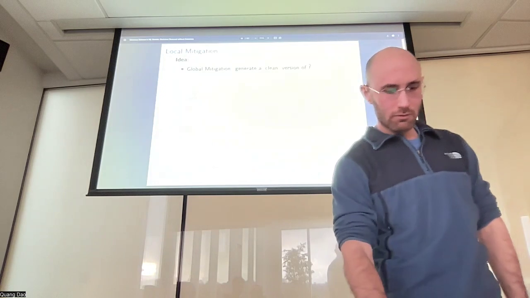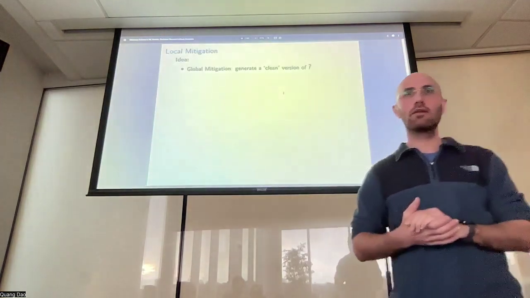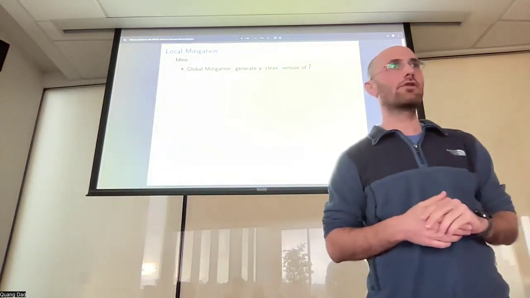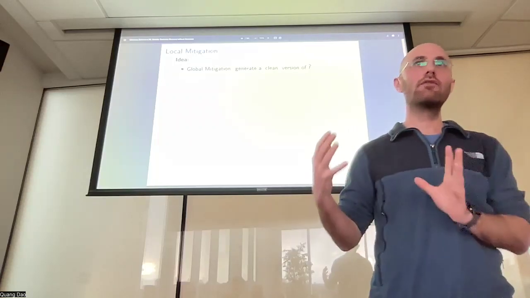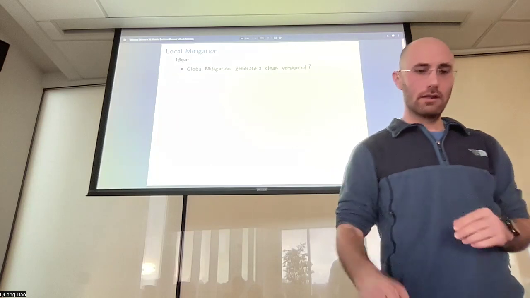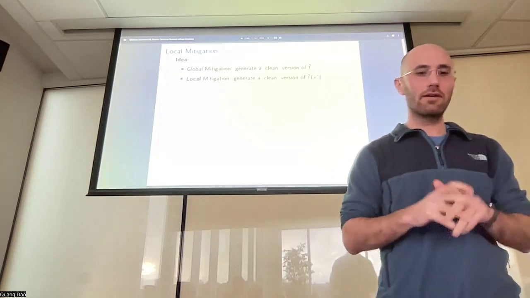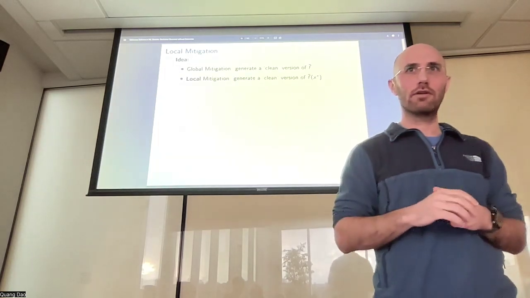Good. Now we're moving on for the last 10 minutes to talk about local mitigation. So what is local mitigation? The idea is before we wanted to get a clean version of F tilde. Now we're being more modest. We just want to get a clean version of F tilde of X star for some particular X star that we're interested in.